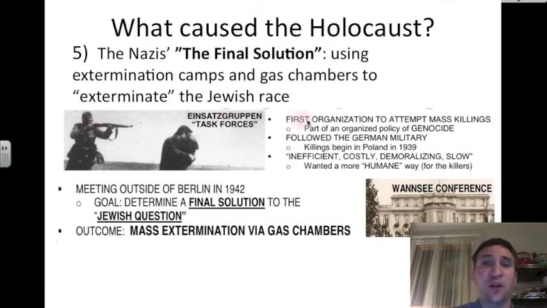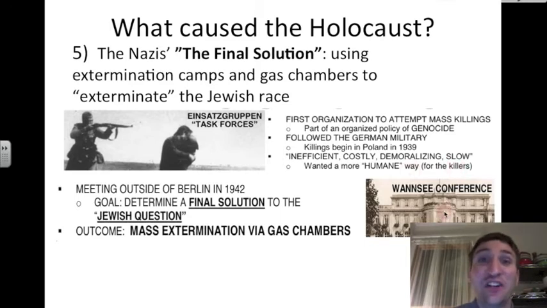They were the first organization to attempt mass killings, and they were part of an organized policy of genocide. And they followed the German military, and killings began in Poland in 1939. However, these groups were inefficient, costly, demoralizing, and slow. And the Nazis wanted a more humane way for the killers during the Holocaust.